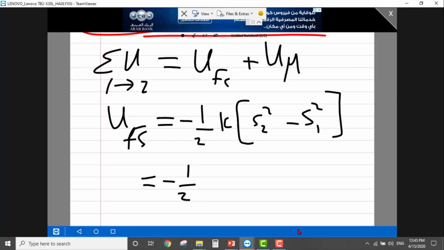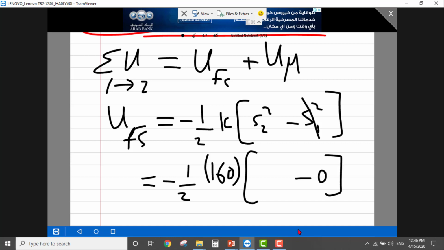The stiffness of this spring is given in the figure, which is 160. S1 is 0, so that term goes to 0, and now we end up with S2.